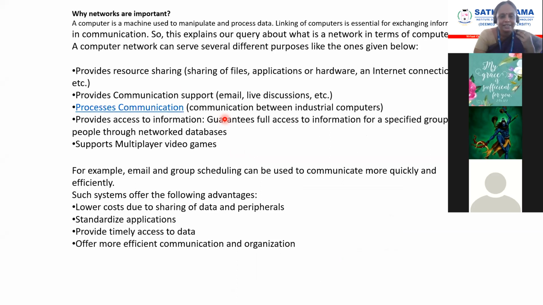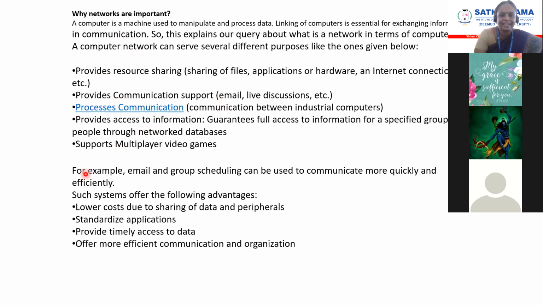You can see networks not only in companies and schools; in day-to-day life we face networks, and we use them to communicate with others and get information. The network is very important. This is the process: sharing files, communication, or accessing information.